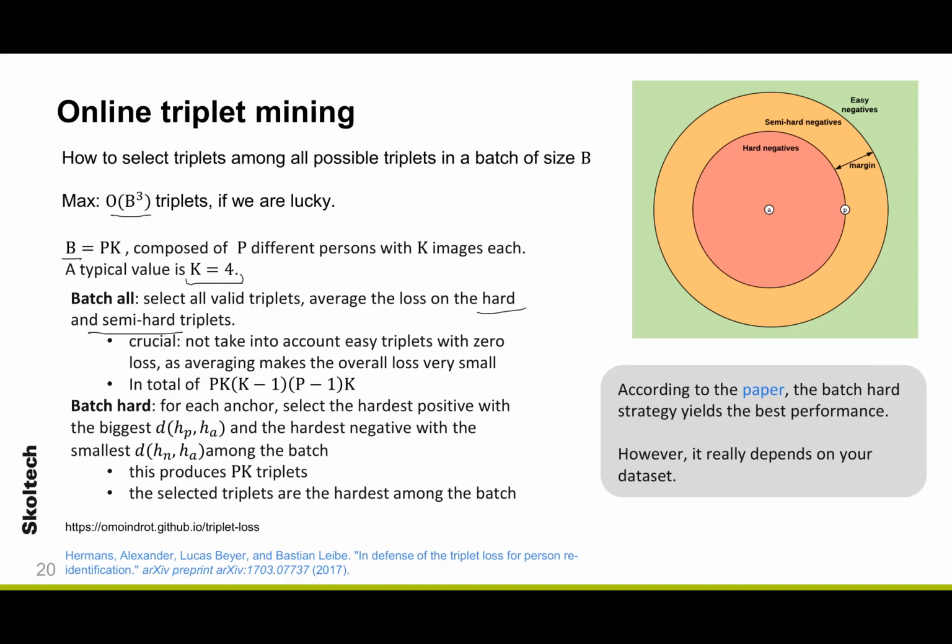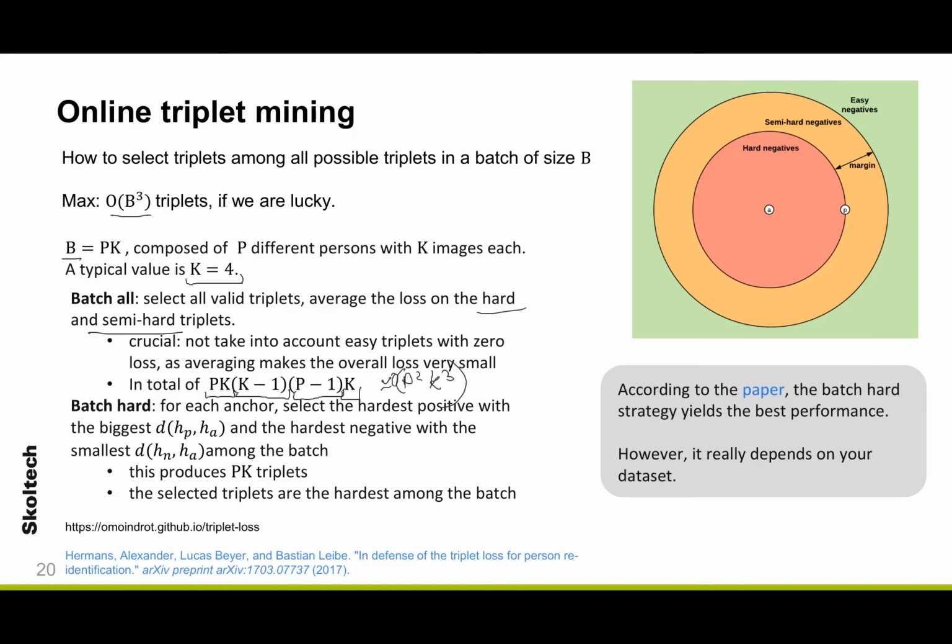Okay, so how many triplets we have here? We can select anchor in PK ways. Then we select positive image, K-1. Then we can select negative image from all other classes. So we have P-1 classes and K images for each class. So in total, we have something like P squared K cubed number of triplets here.